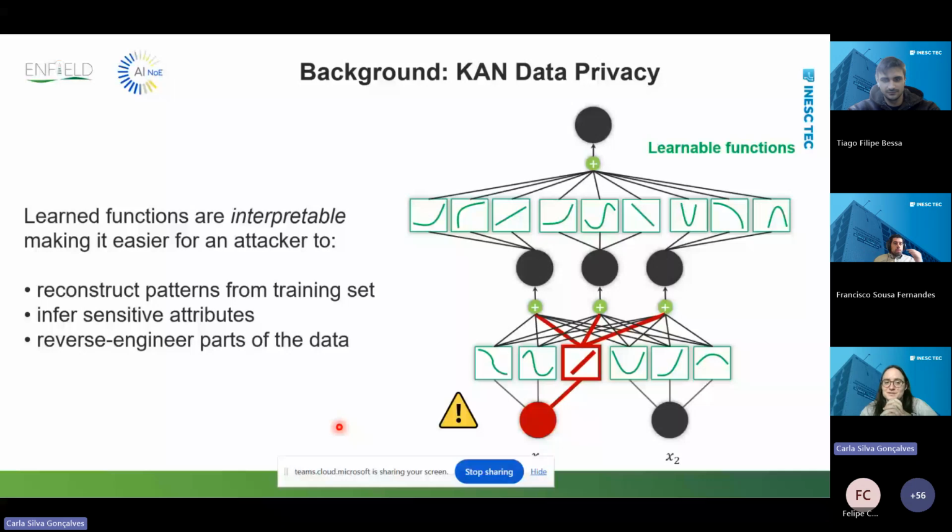Here, they are not that good because the learned functions are interpretable, which means that an attacker, for example, if this is a data owner, this is another one, then this data owner has the first one. Data owner 2 will have this. Data owner 1 has this one.